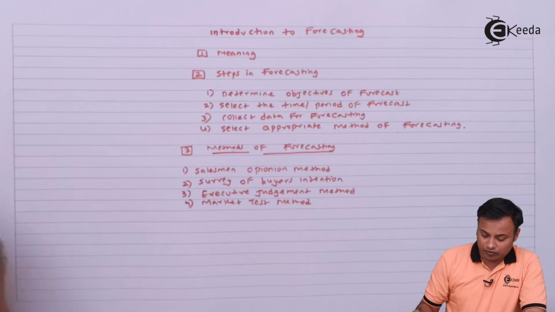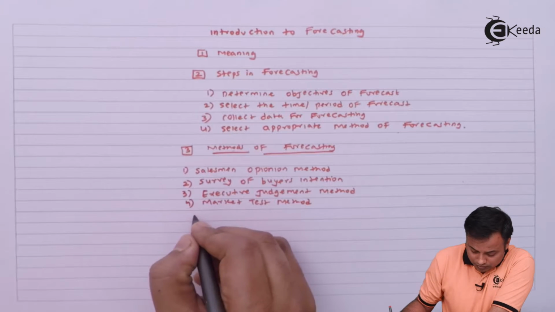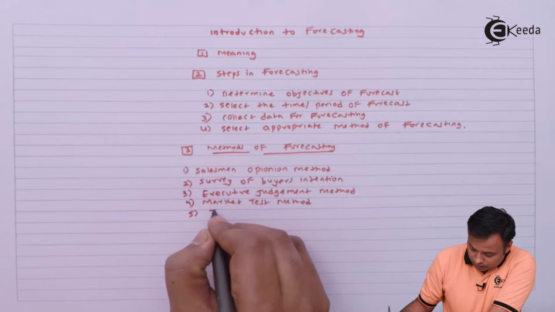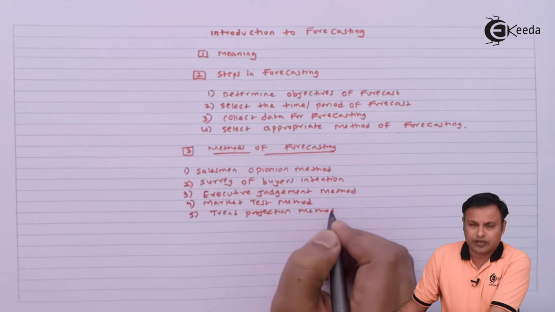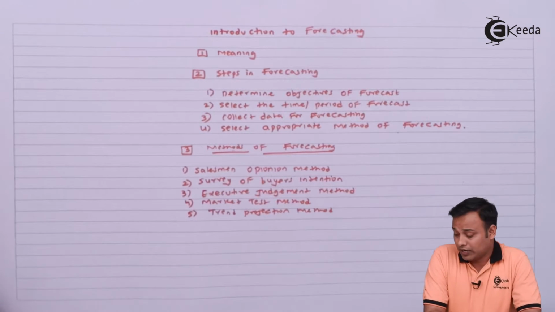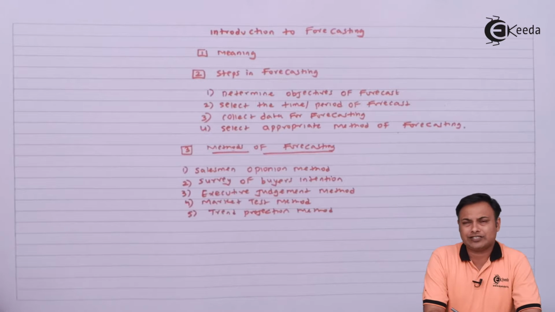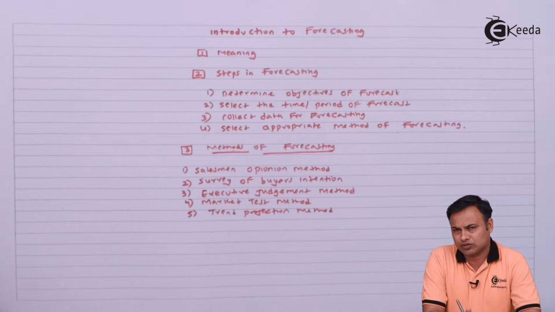The next method we are going to talk about is called the trend projection method. Now trend indicates an increase or decrease in the information given in the question.